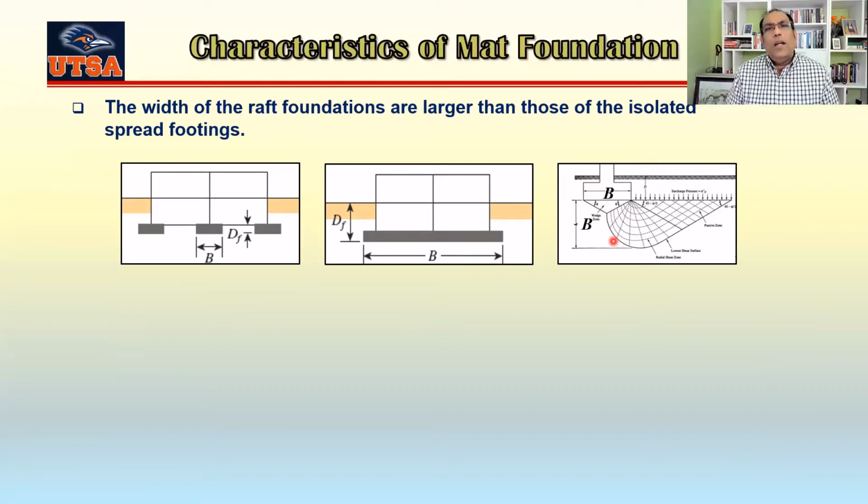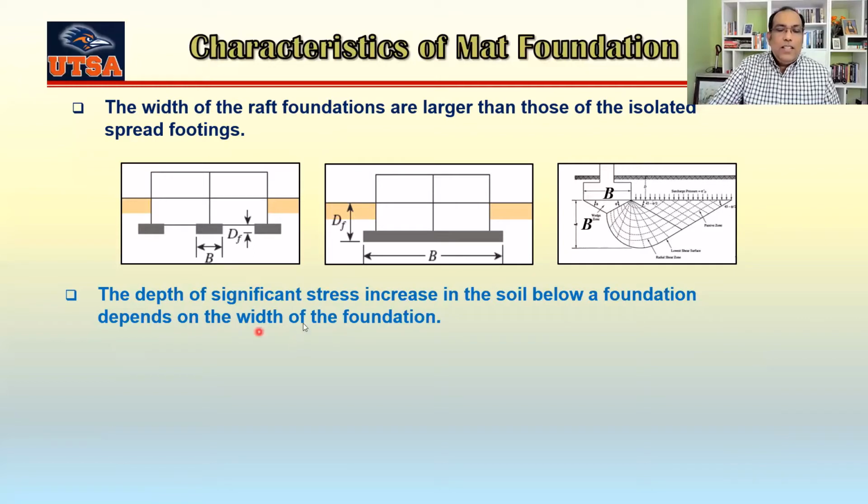If you go down and down, then soil will be compacted by its own weight. So that's why we see as you go down, your bearing capacity is increasing. Okay, so that's why a larger width of the raft foundation or mat foundation will definitely give a higher bearing capacity.